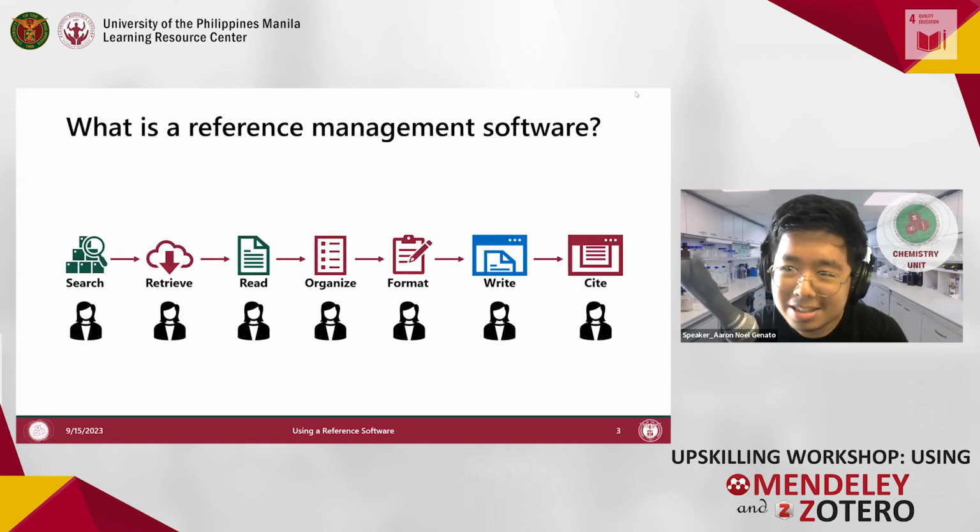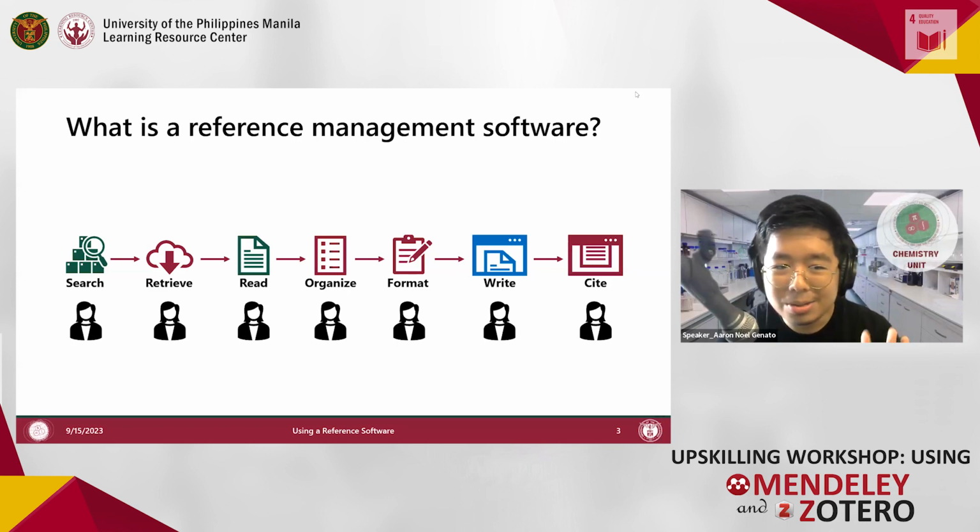let's see where we're at. If you are not familiar with reference management software, most of the time the flow of research would look like this. You will search in a database, probably Google Scholar or Semantic Scholar, yung gusto nyong mga references. In some way, you will want to retrieve the document either by downloading if it's open access or accessing through your library access.